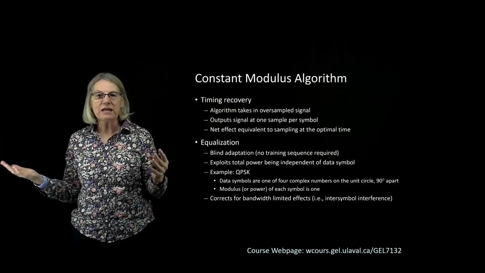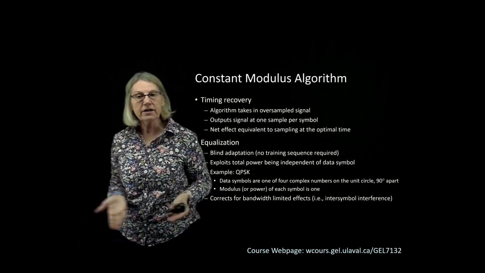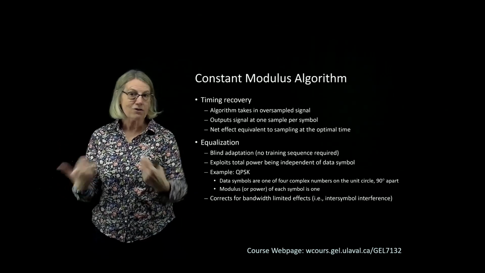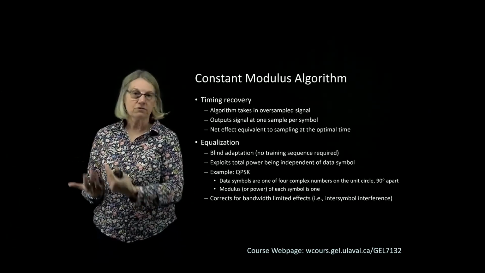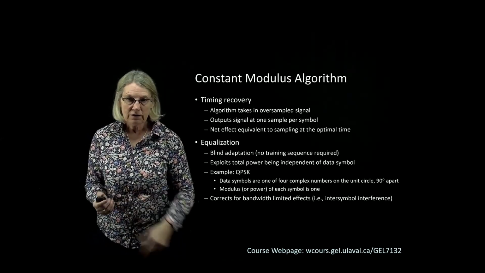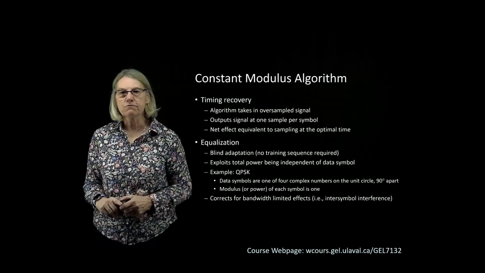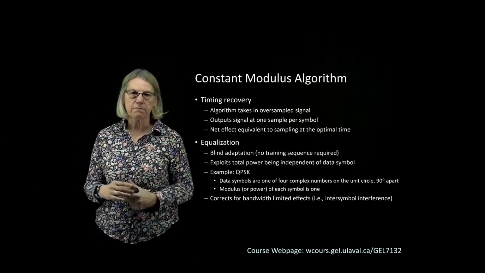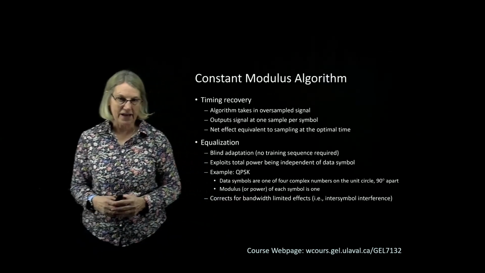So when I'm transmitting, I expect at my receiver that everything I receive will have the same modulus. And if it doesn't, I can use that as an error criterion to try and force my signal to get back the form it had when it was transmitted. So as this algorithm forces the received signal to have a constant modulus, in effect it is correcting for bandwidth limitation effects.